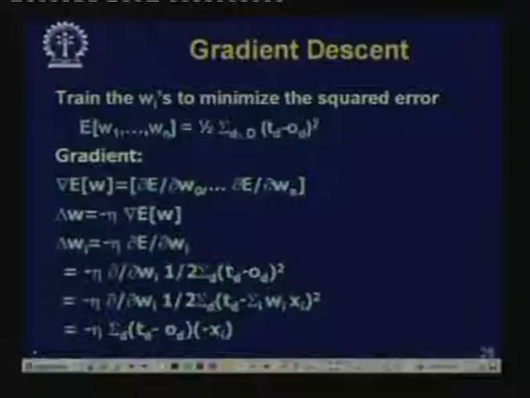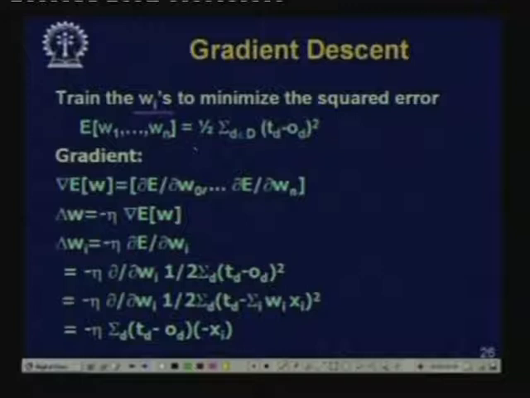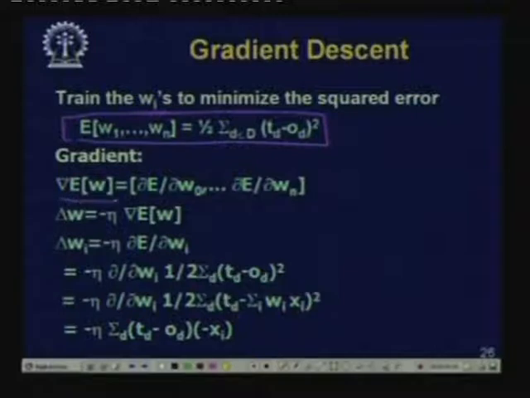Now, in gradient descent, we are trying to train the Wi's to minimize the squared error, which is given by half sigma over all training examples (TD minus OD) whole square. And as we saw in the last slide, grad E(W) is a vector of the partial derivatives of E with respect to the weights, and delta Wi is minus eta del E del Wi.